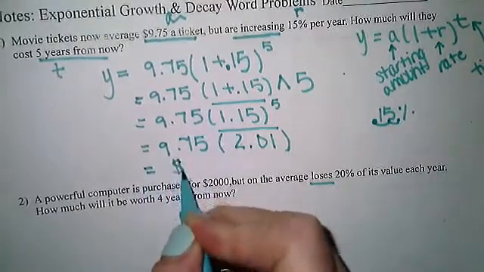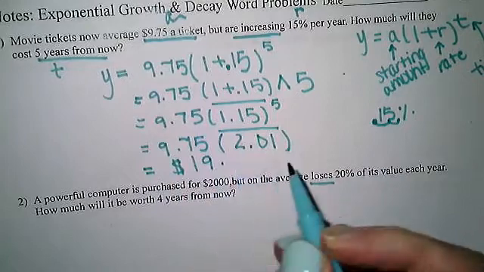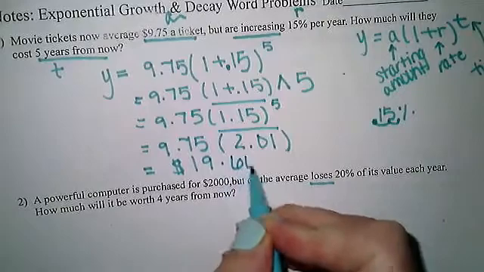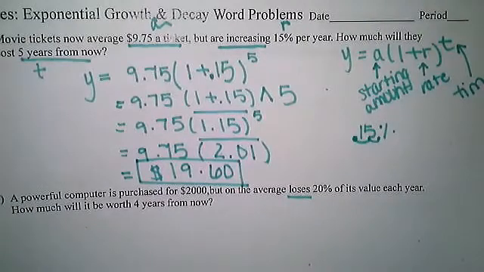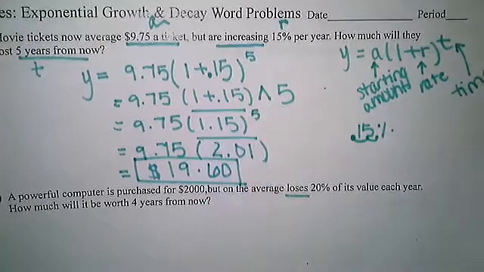So I know that the price of a movie ticket is going to be about 19.5975. I'm just going to round that to $19.60.